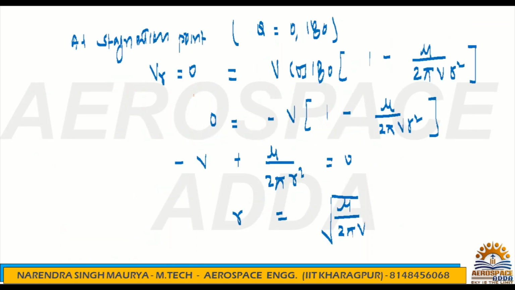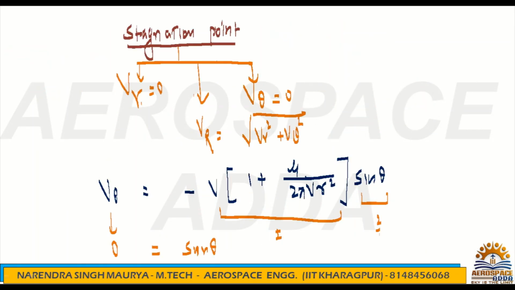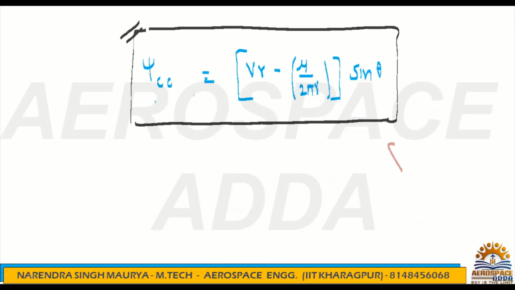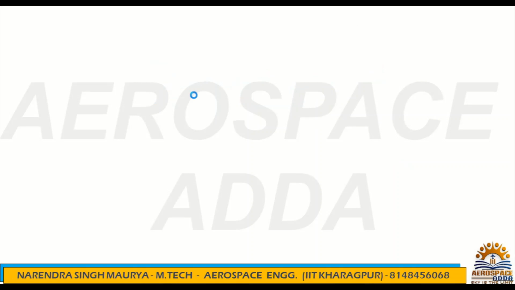Somewhere you have written the value of psi cc. What is that? Psi cc is nothing but, just remember this value, V r minus mu upon 2 pi r sin theta. I can take V common, or write the value directly. It's your choice.